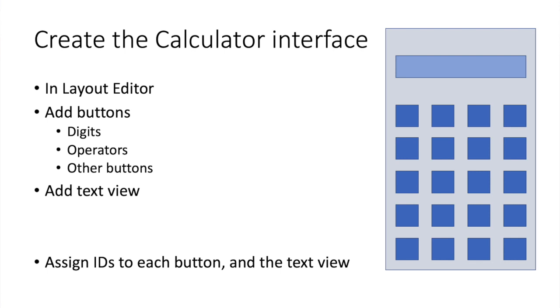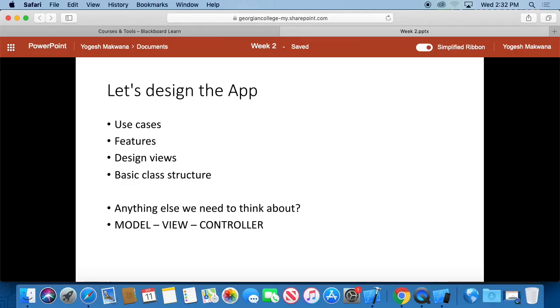And we will also need to design a model, which we will not do right now, which keeps track of what is going on in the calculator. When you enter a number, the model knows that a number was entered, an operator was pressed, which operator was pressed, and then what else happens. All of those things will happen in the model. And there is a state of the model which this thing will keep on displaying.